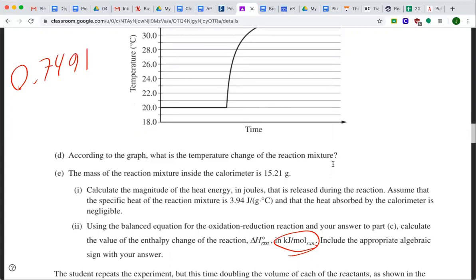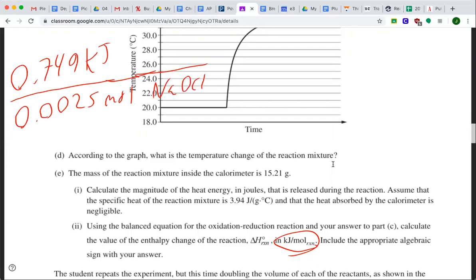So we start out with 0.749 kilojoules per 0.0025 mole of NaOCl, times 4 mole NaOCl per reaction.